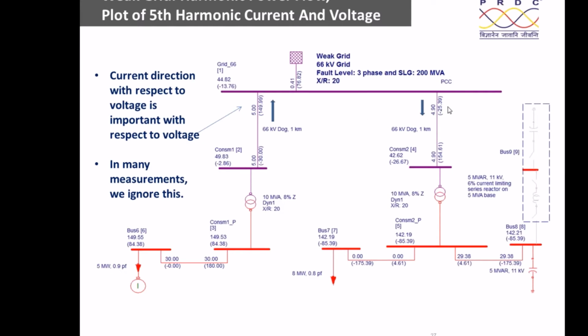And with respect to the fifth harmonic voltage here, if you look at the current direction here, you are absorbing here. Therefore, the current direction is very important. Most of the time when we do the measurement, we just look at the magnitude. That is not sufficient. With respect to the corresponding fifth harmonic voltage, you find out the direction of the fifth harmonic current. That is going to tell you whether you are injecting or drawing.